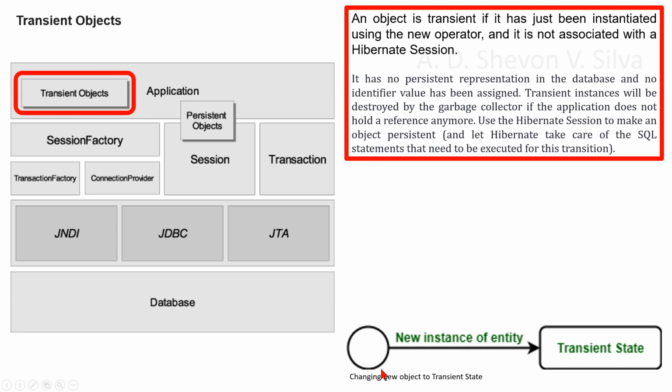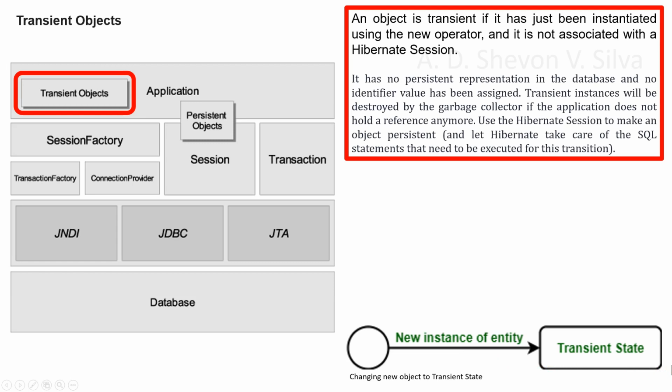Here you can see changing new objects to transient state. Transient state is the first state of an entity object. When we instantiate an object of Pojo class using a new operator, then the object is in the transient state.